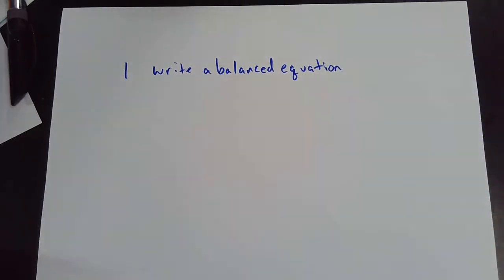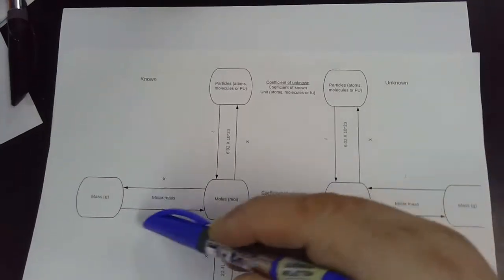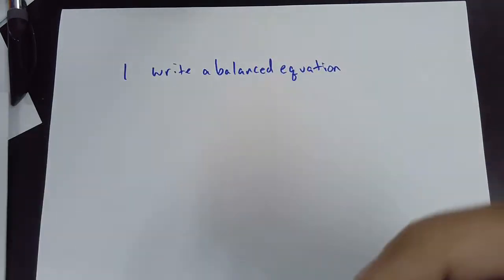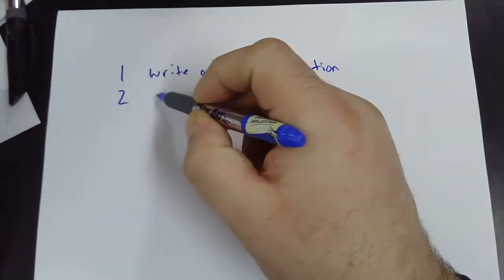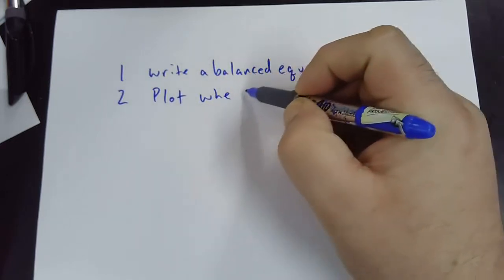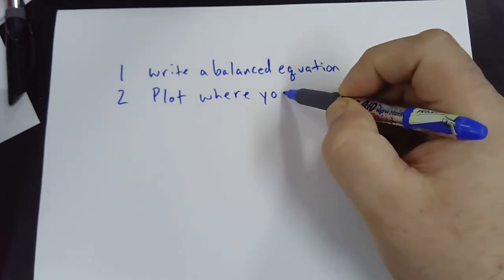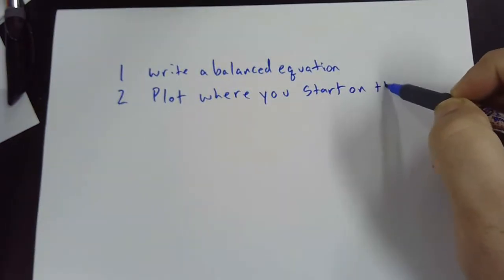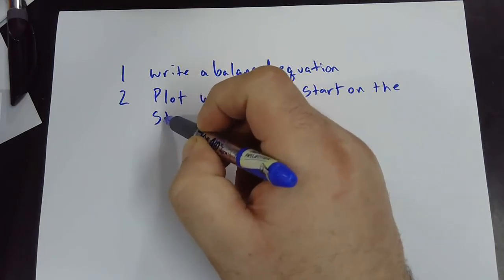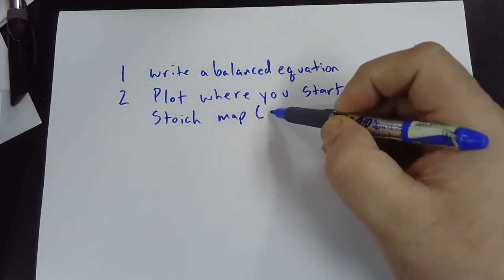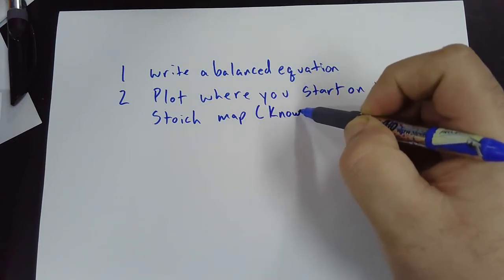What I tell you to do is step 2: plot where you start on the Stoich map. This will be on the known side of our mole island.